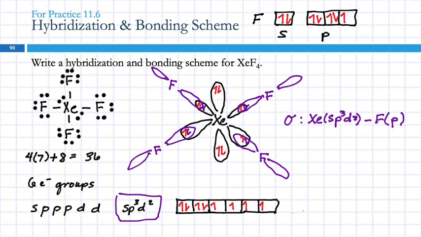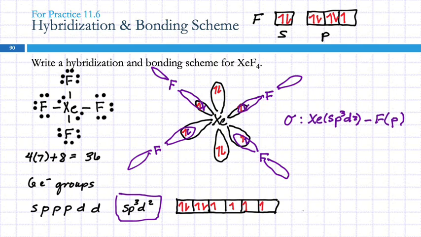What shape would the blue ones make? Square, and it's flat, right? So square planar. It's that simple.